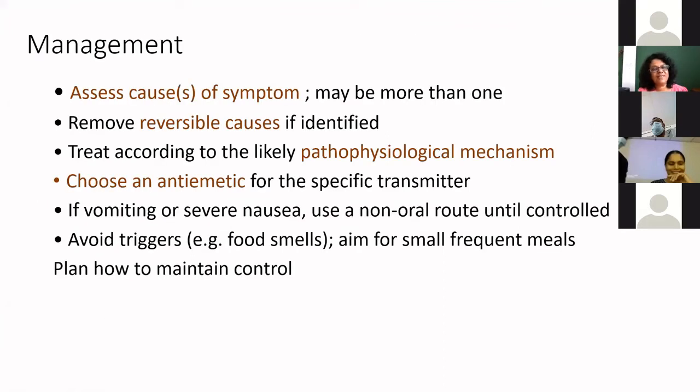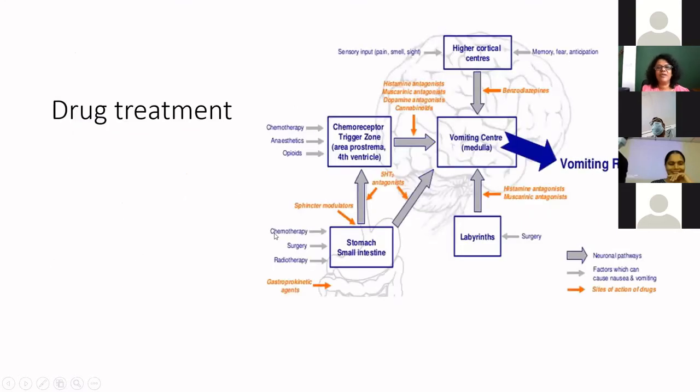So as I said, when we have an idea of the neurotransmitters as well as the causes, we have to assess. We need to find out whether there are reversible causes, and we need to treat according to the pathophysiology, and we need to decide on antiemetic depending on the pathophysiology, right?